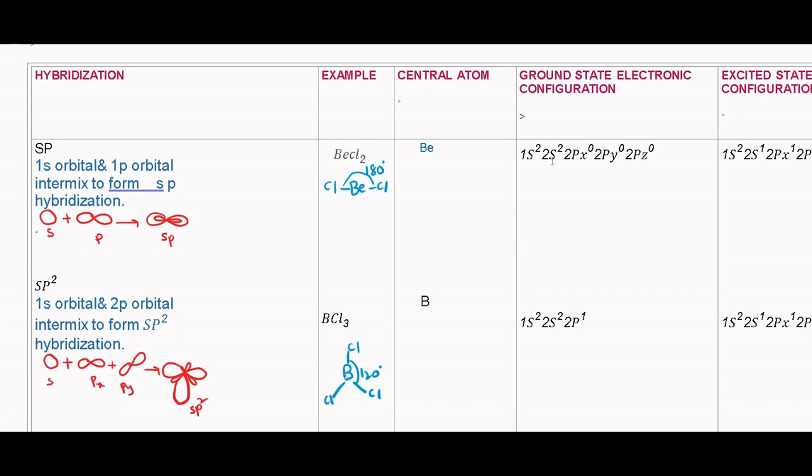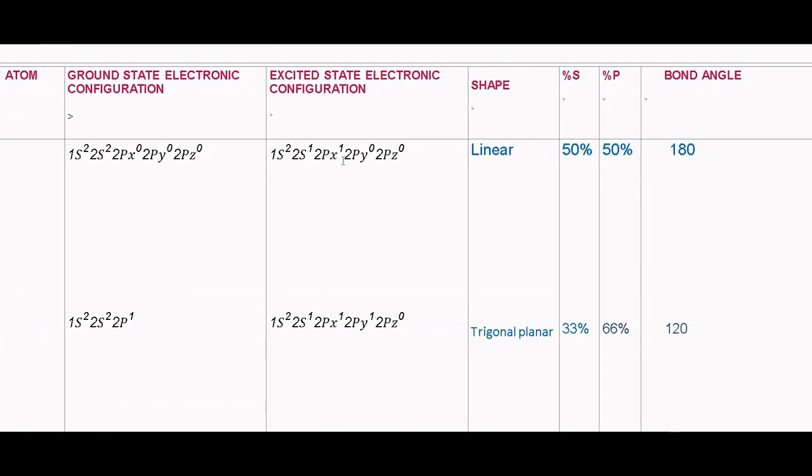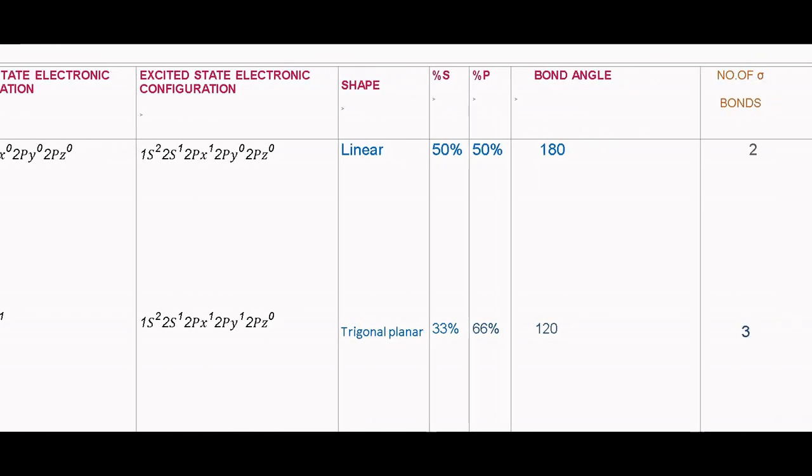In the first excited state, an electron from the s orbital moves to the 2p orbital, so the first excited state electron configuration is 1s2, 2s1, 2px1, 2py0, 2pz0. The shape of sp hybridization is linear. Percentage of s character is 50, percentage of p character is 50, and bond angle is 180 degrees. The number of sigma bonds in sp hybridization is 2.